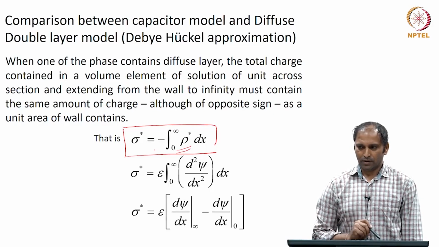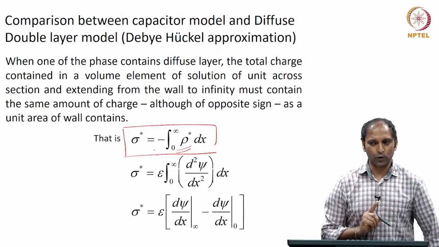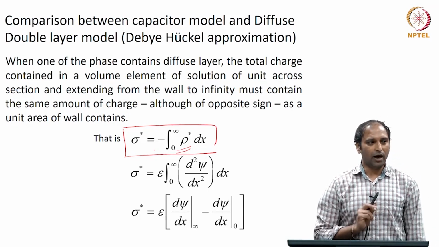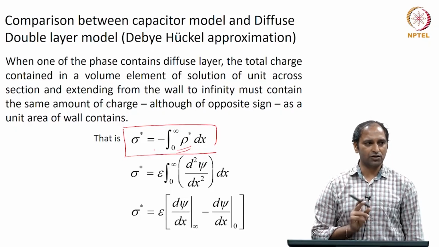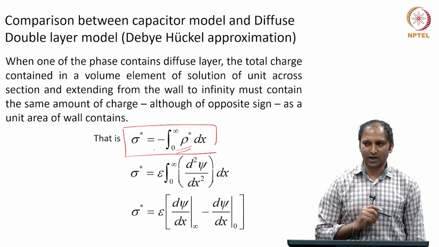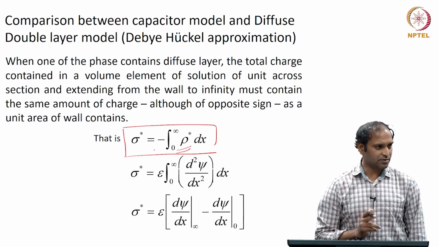Right. Now, if you assume that I do not have any other added electrolyte, I only have the counter ions that come because of the dissociation of charges on the particle surface.